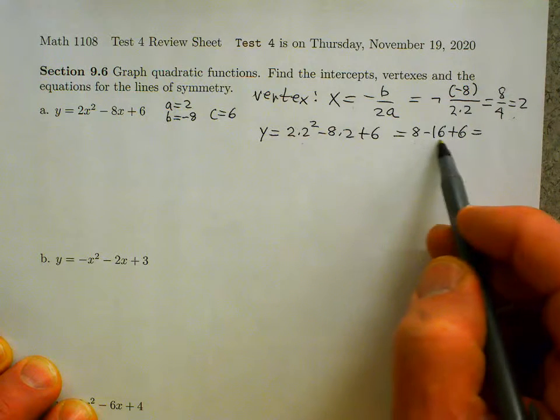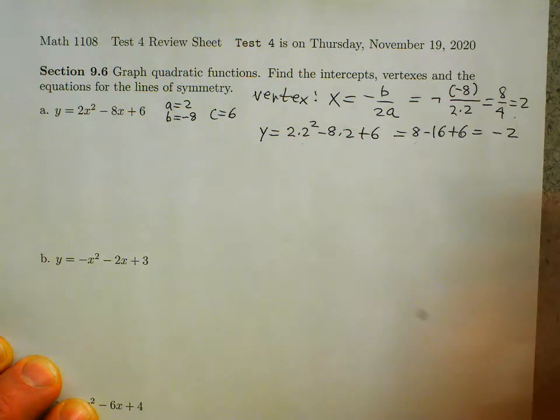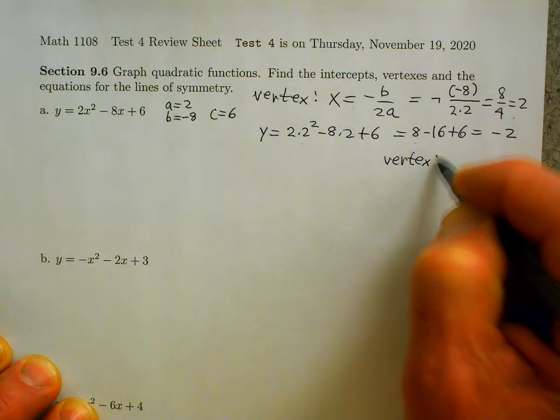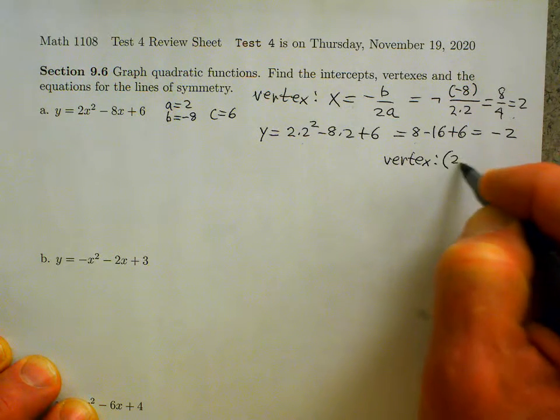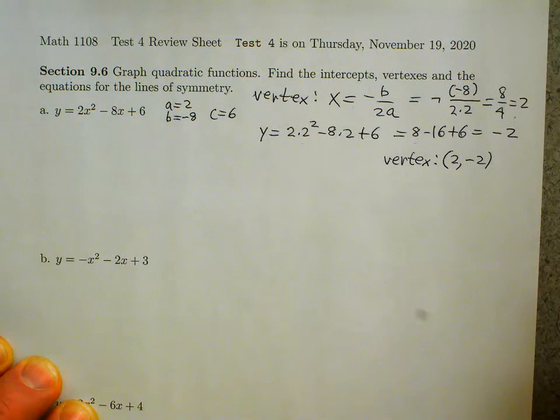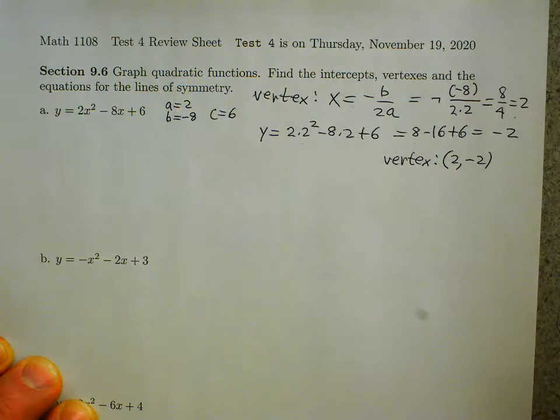So negative 8 plus 6 is negative 2. So the vertex is an ordered pair. The x-coordinate is 2. The y-coordinate is negative 2. And then the y-intercept.